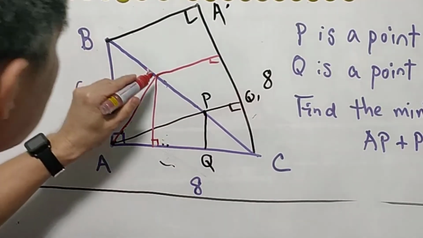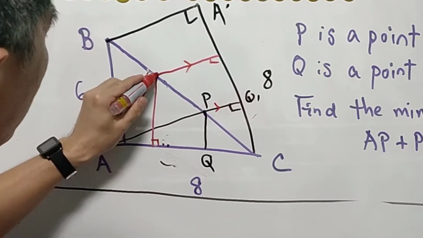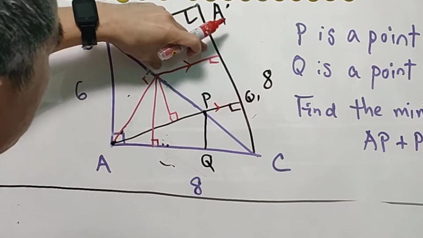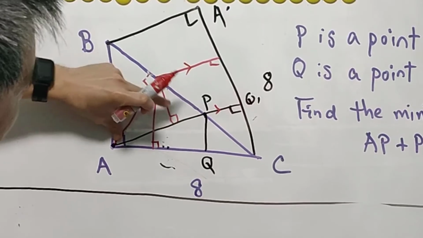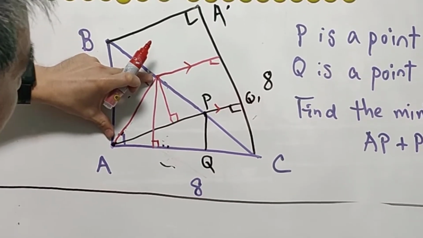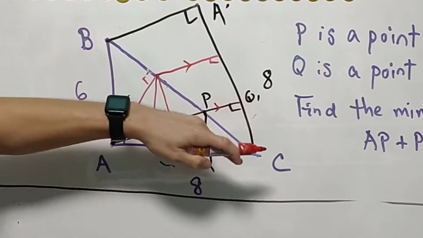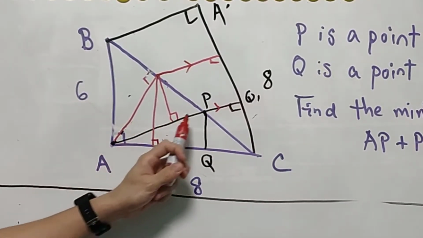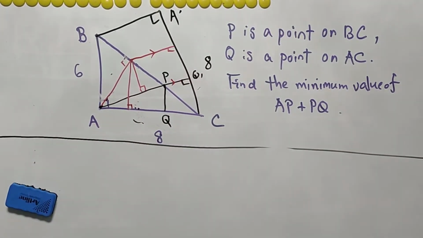And we'll see that because this is perpendicular, they are parallel. And this part here, which is 90 degree, will be of the same length. This portion is definitely less than the hypotenuse. So this applies to any point P on BC. So now we claim that this APQ prime will be the minimum. So this is one observation.